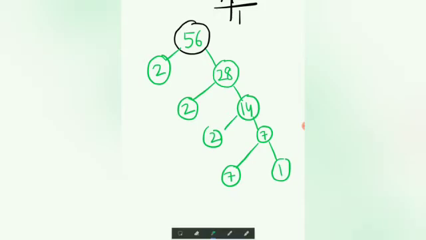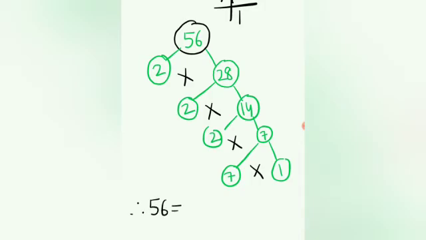And now, children, in between you have to put the multiplication sign, because 2 into 2 into 2 into this last one, 7 into 1, gives you 56. So therefore you will write here 56 is equal to 2 into 2 into 2 into 7. That is your answer.